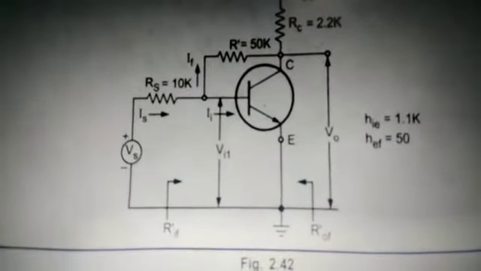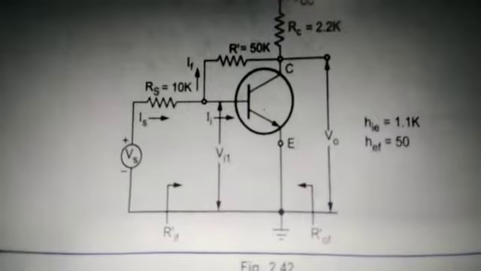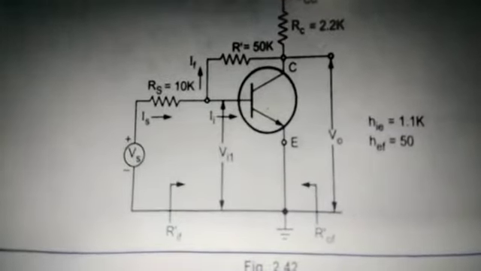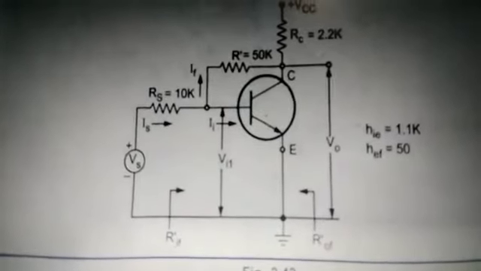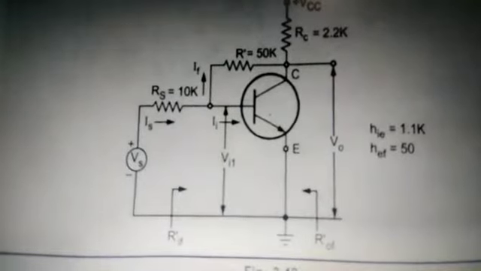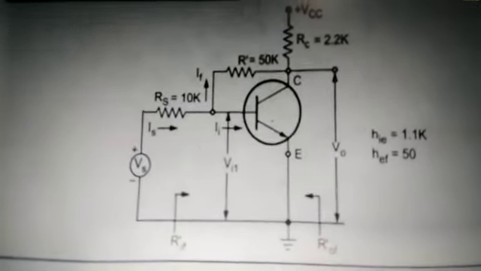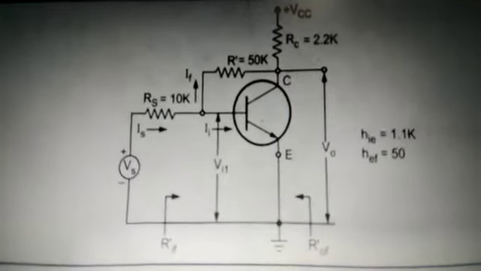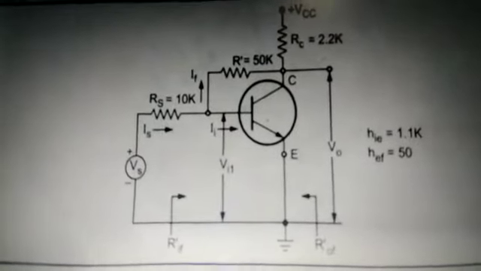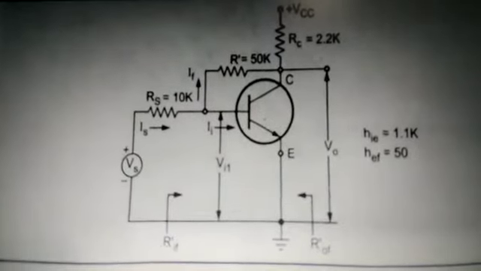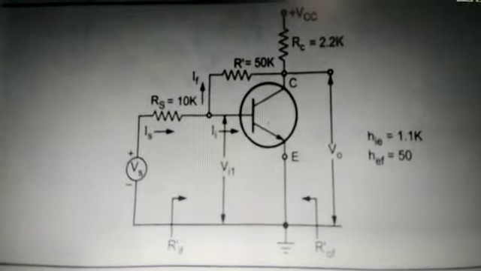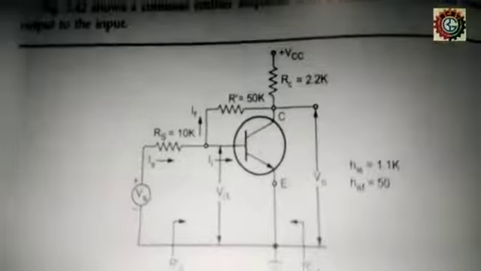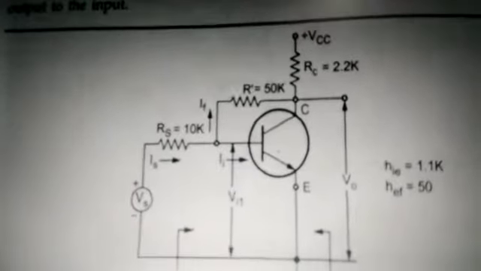So the feedback circuit takes the sample of the voltage and provides the current, so that feedback current will be in parallel with the input current source. Hence it is called a shunt mixing, parallel mixing. We have already seen the topology, diagram and its analysis. Now we will go through the particular numerical.